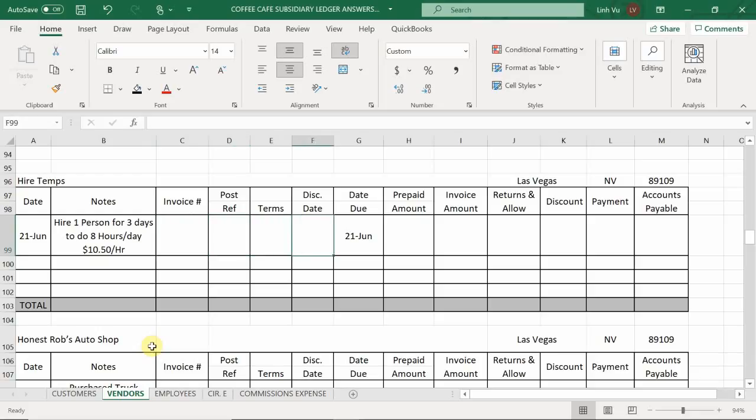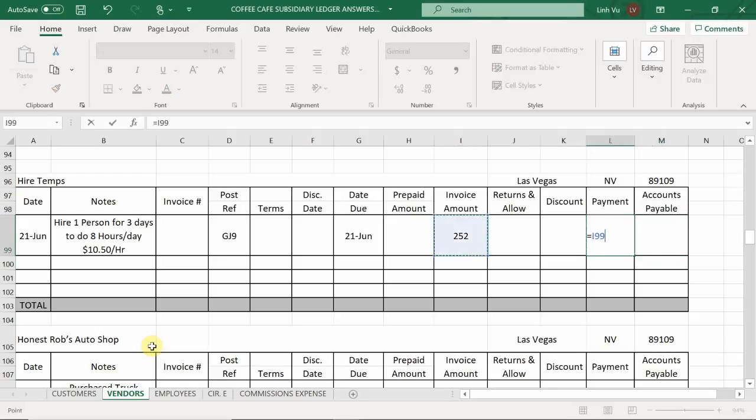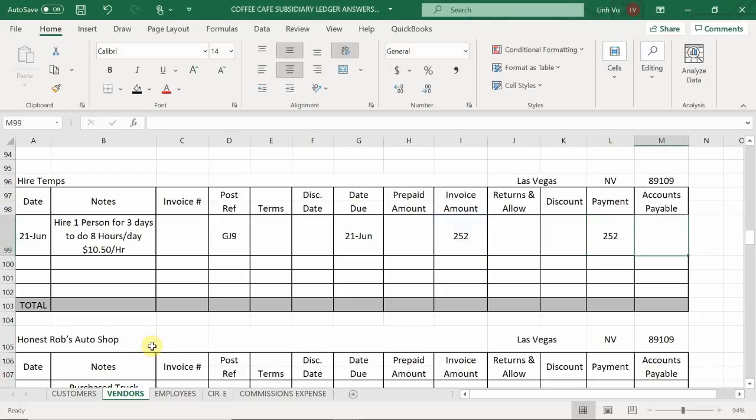General Journal 9. The invoiced amount is $252, and our payment is $252. So our accounts payable is 0.